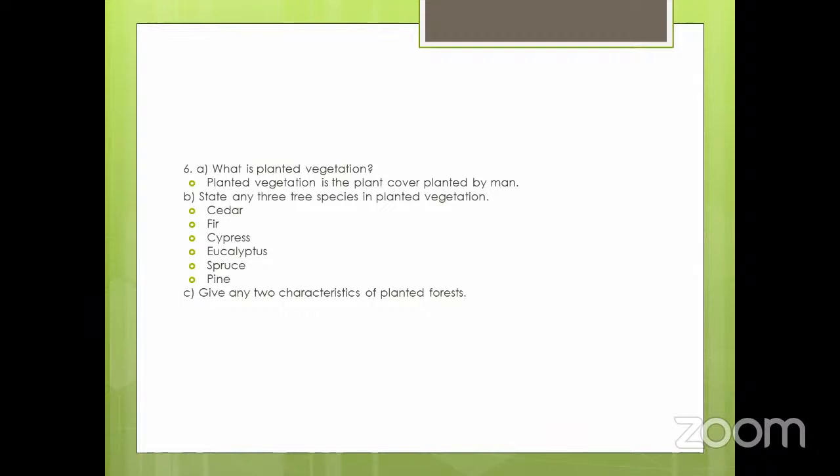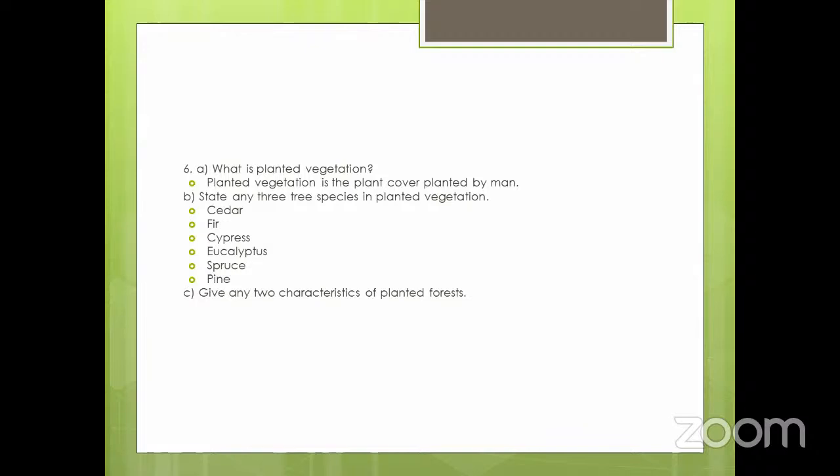Planted forests mature quickly. Good. Planted forests are almost the same species. They are of the same species. Good. Any other? Okay.